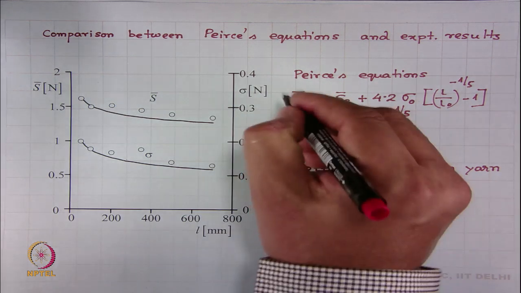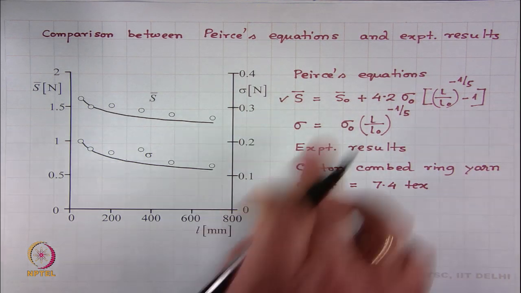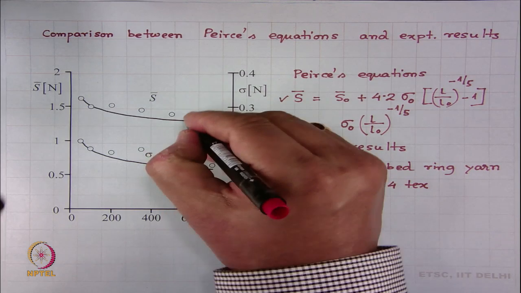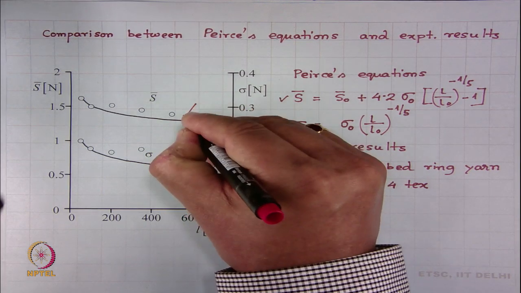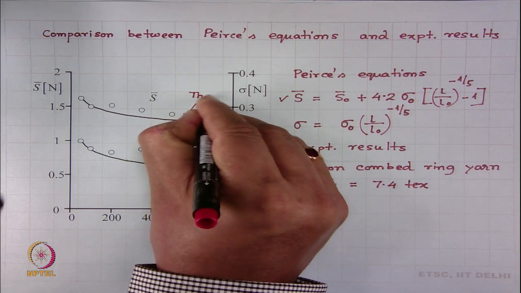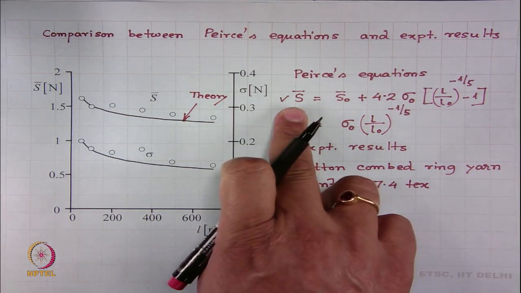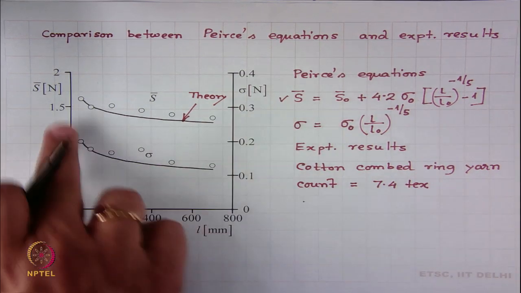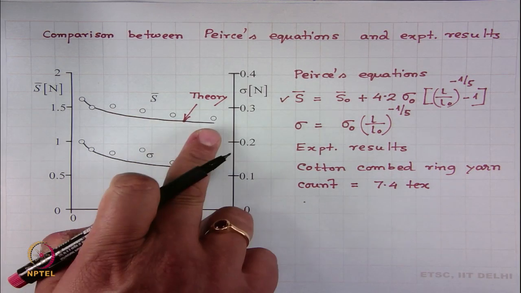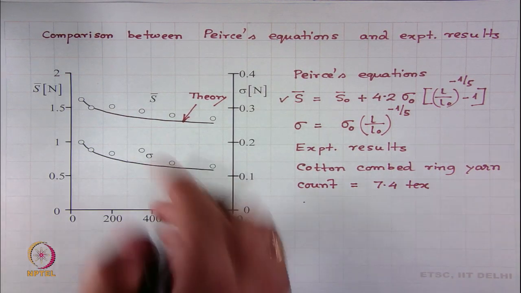First, we talk about this equation. The behavior of this equation is shown by this line. This is from Peirce theory, and the small circles denote the average strength at different gauge lengths, experimental results.